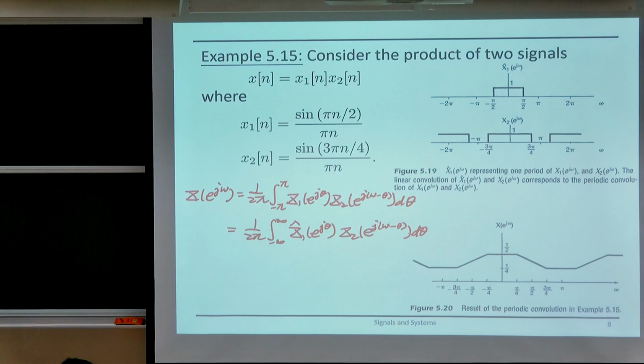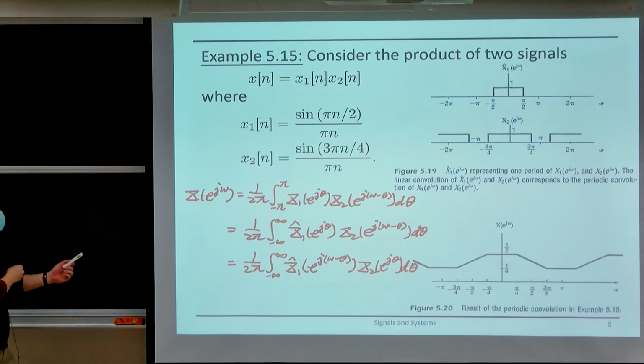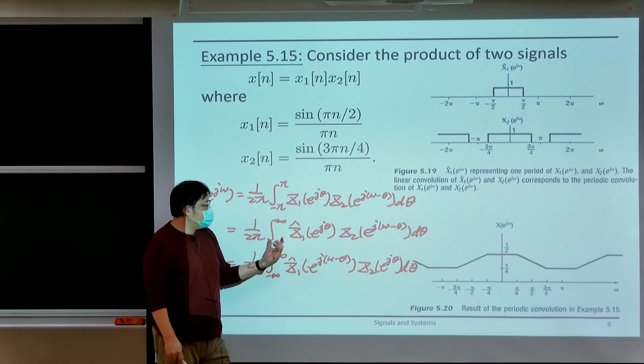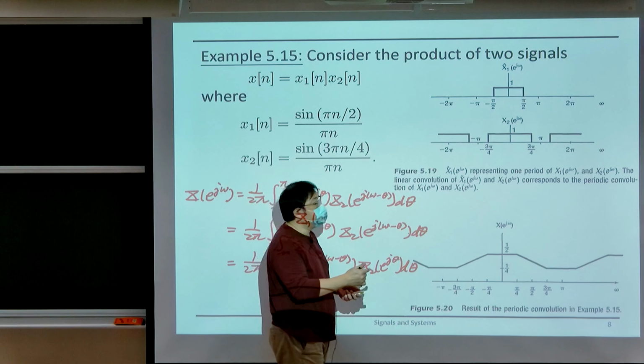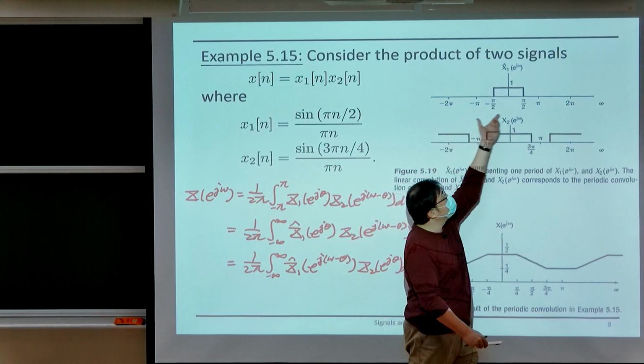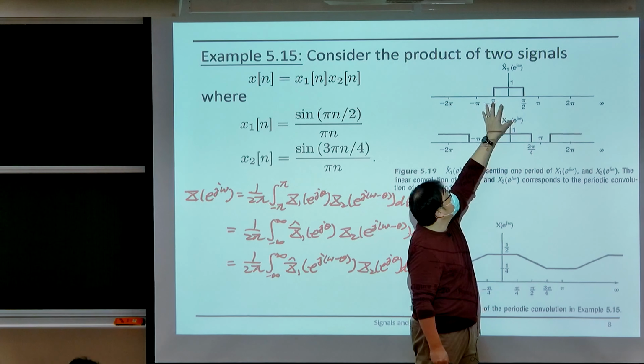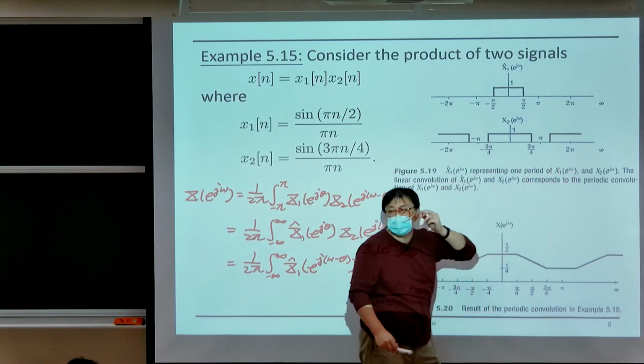So you can instead write this as 1 over 2 pi, integral of x1 hat of e to the j omega minus theta, times x2 of e to the j theta, d theta. By this conventional convolution, it doesn't really matter whether you slide x2 through x1 hat or slide x1 hat through x2.